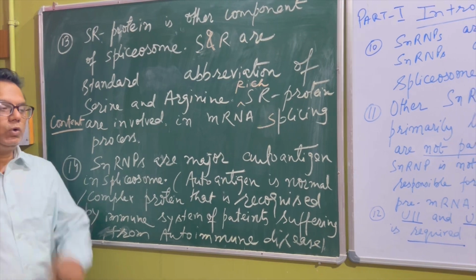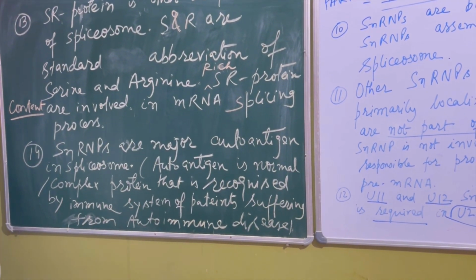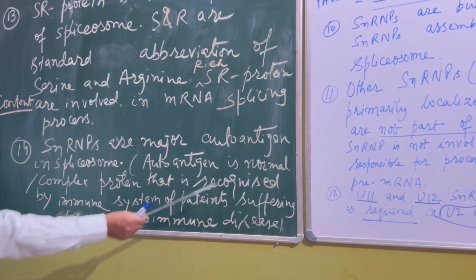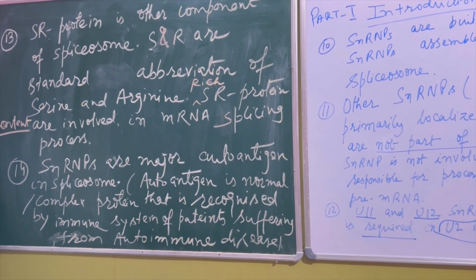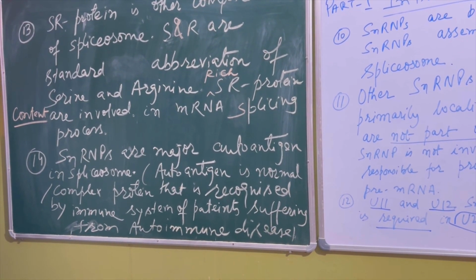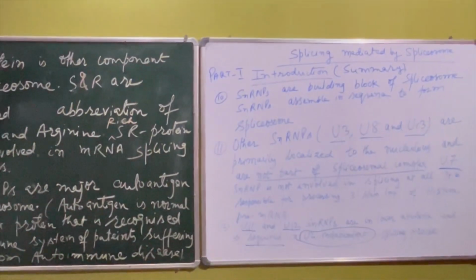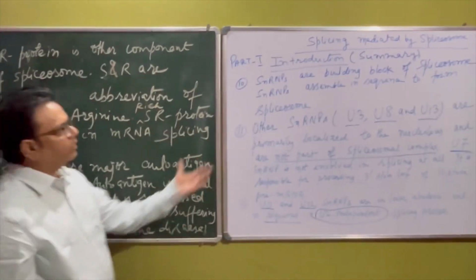And as you know, when we talk about autoantigen, we are talking about a normal or complex protein that is recognized by the immune system of patients suffering from autoimmune disease. So this is all about the summary of what we have discussed in my previous part 1 introduction discussion.